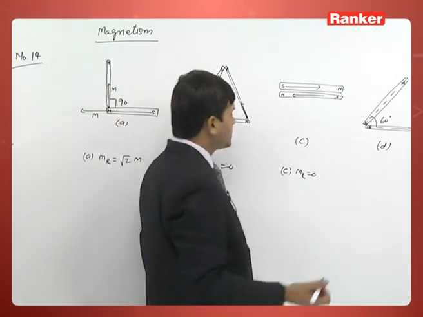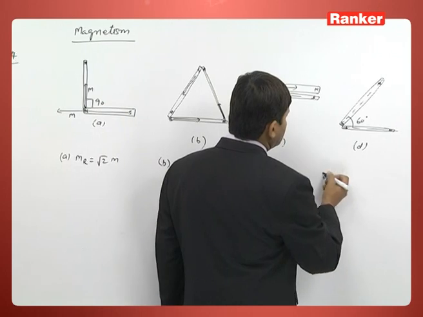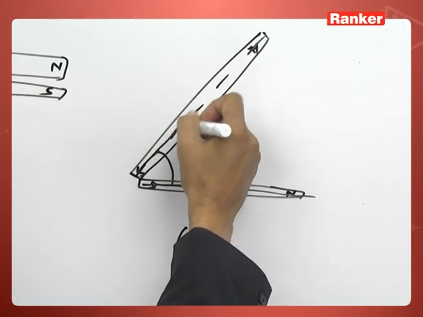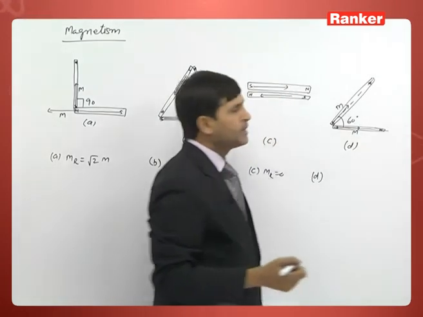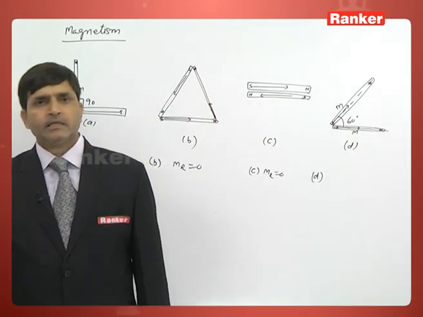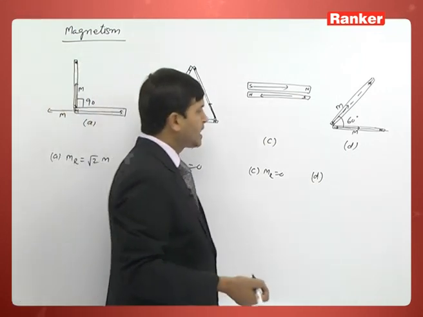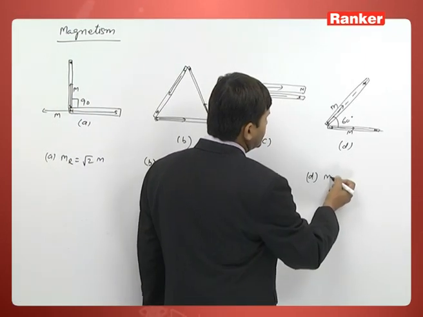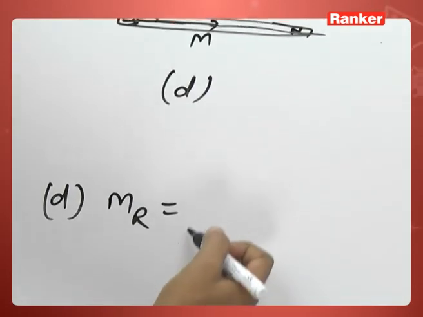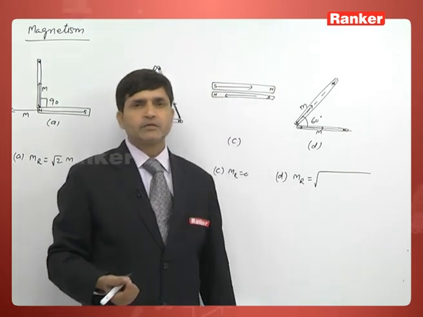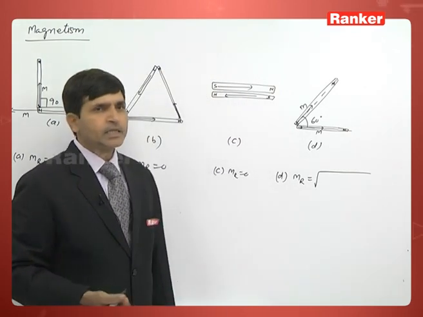Now in the D, two vectors, one M here, another M here, and these two are making an angle 60 degree. So resultant magnetic moment: when two vectors are making an angle theta, the resultant value can be given by the relation under root of a square plus b square plus 2ab cos theta.